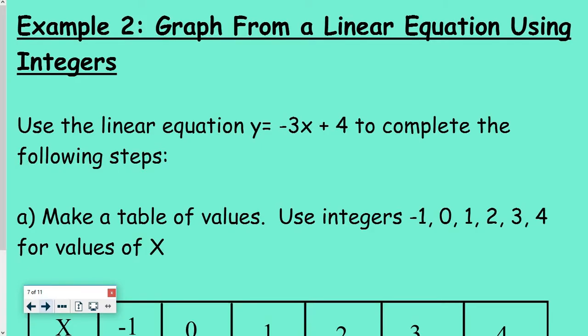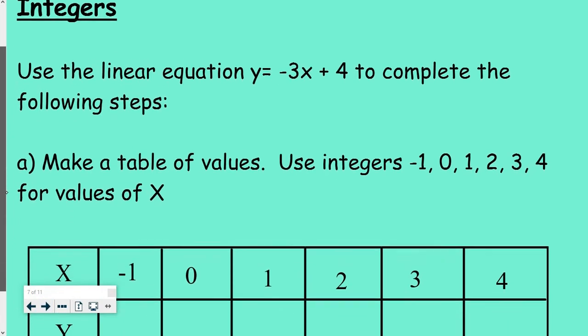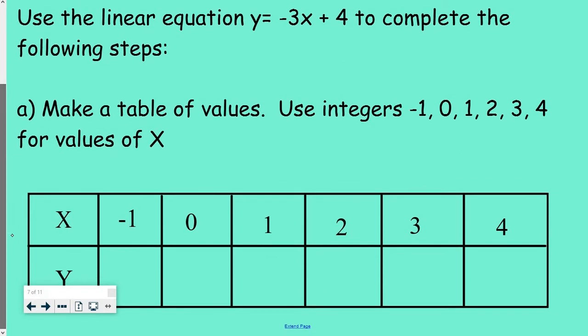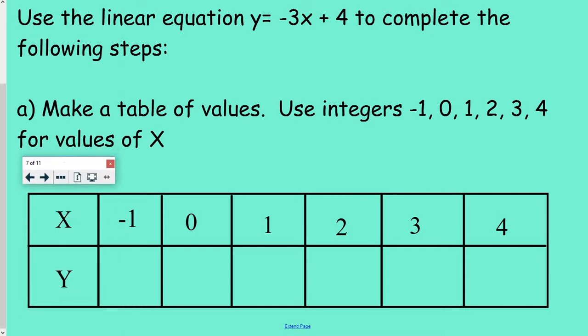So example 2: graph from a linear equation using integers. Using the linear equation y equals -3x plus 4, complete the following steps. To make a table of values, use integers. If we start with 0, -3 times 0 plus 4 equals 4. That's pretty easy.